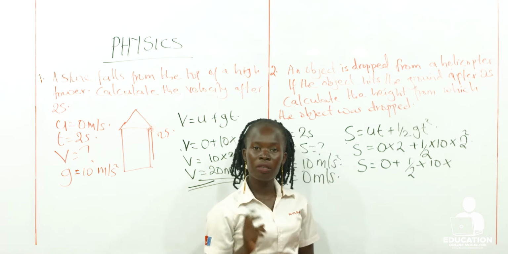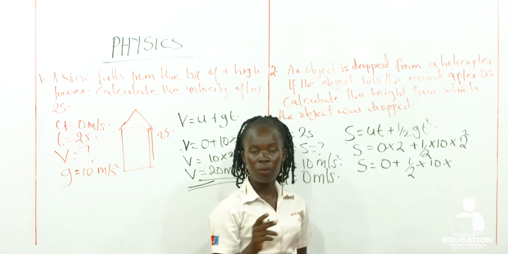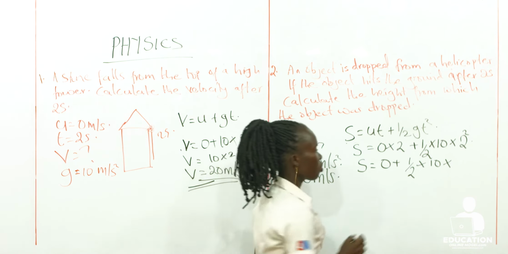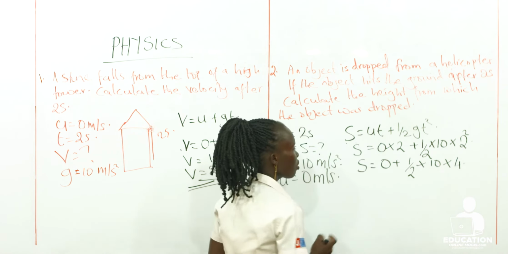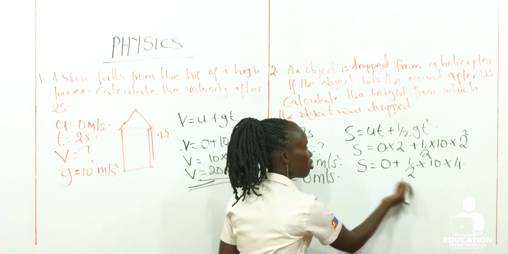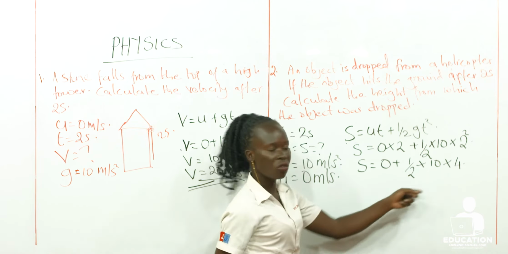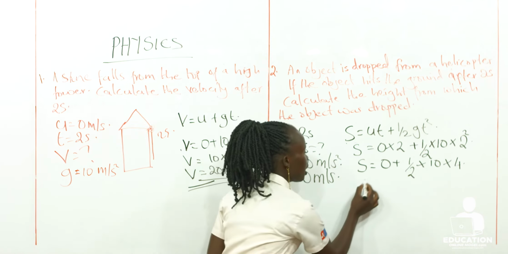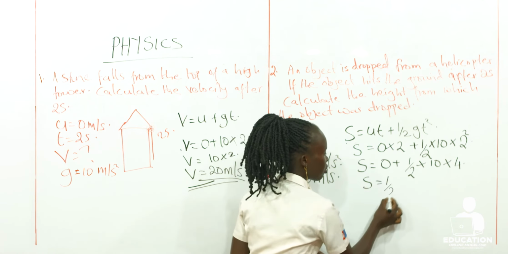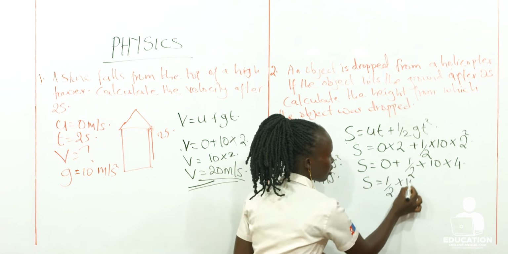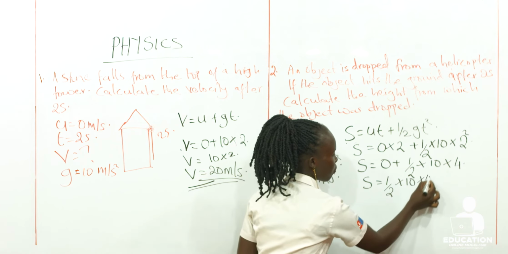That means 2 times 2, which will give you 4. So we shall have 4 right here. When you add all this to 0, you will still get only those numbers. So we shall have s equal to a half times 10 times 4.